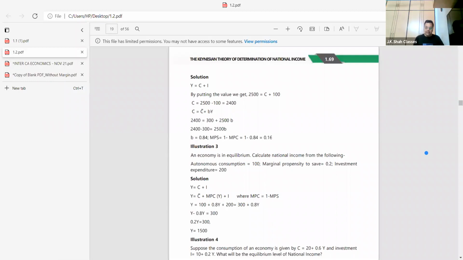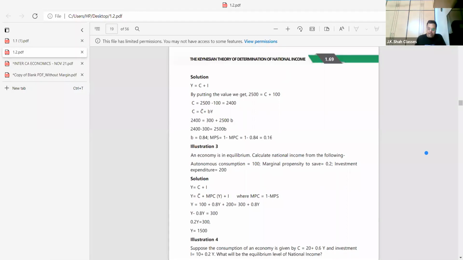Till here it is clear. Plus 200, why 200? 200 is the investment expenditure. 100 is autonomous consumption. Why am I writing 0.8Y, students? Because 0.8Y will be the marginal propensity to consume and 200 is your investment.